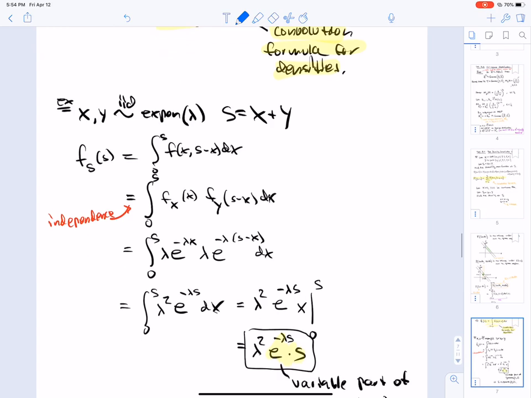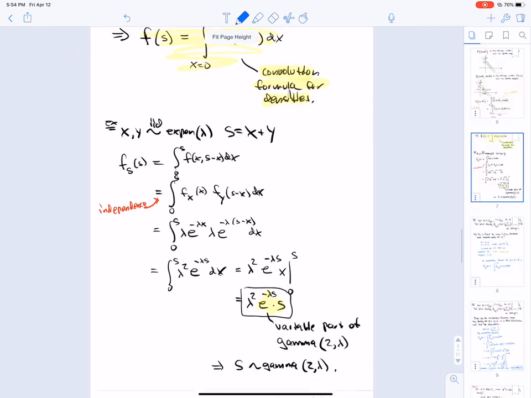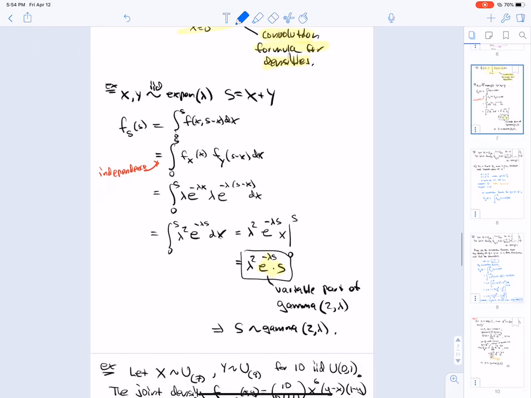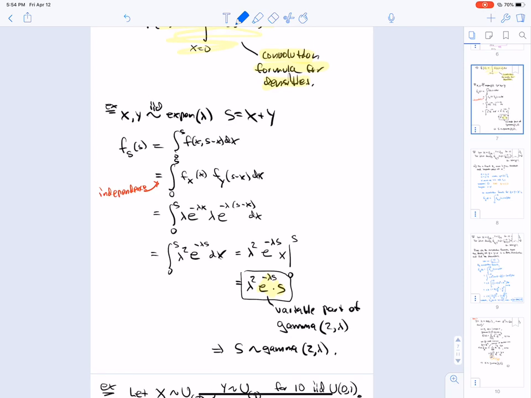So as an example, x and y are IID exponential, and s equals x plus y.